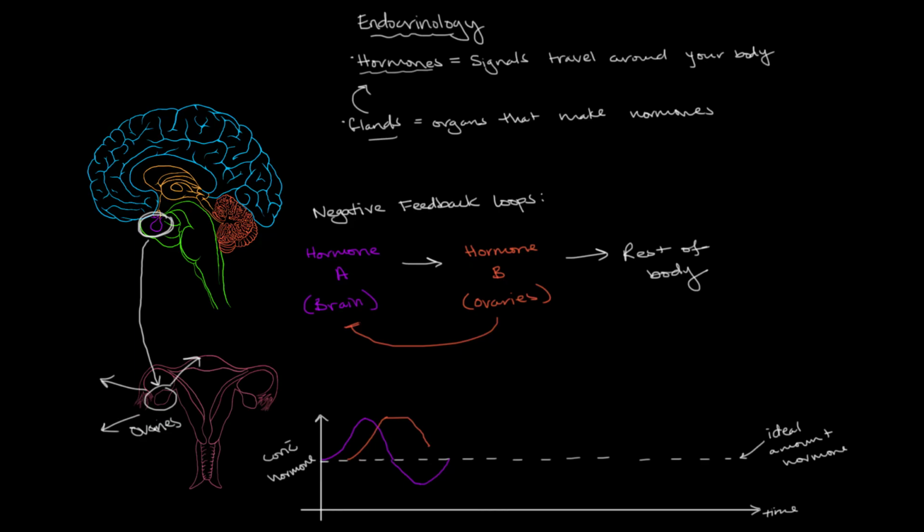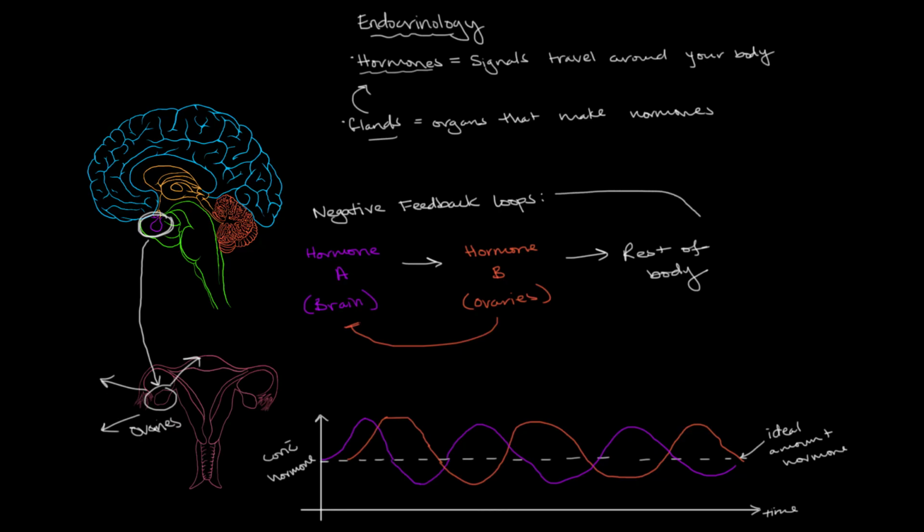And the same is true for hormone B. They'll start dropping because hormone A starts disappearing, so hormone B no longer gets produced. And you can see very quickly over time your body cycles through levels of hormone A and hormone B being a little bit higher and then a little bit lower, and then a little bit higher, and a little bit lower. But your body's always staying close to this ideal amount of hormone within the body.